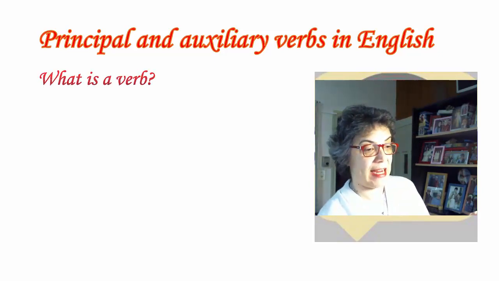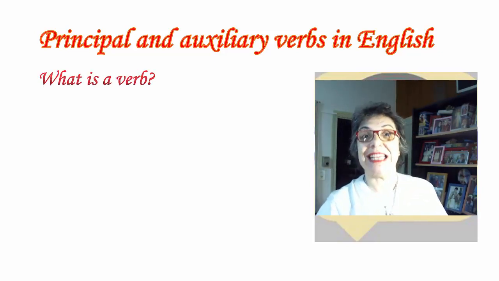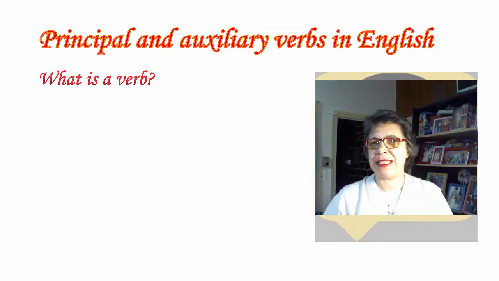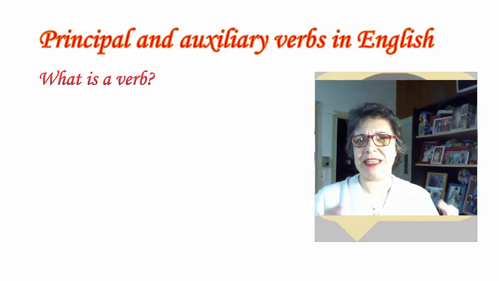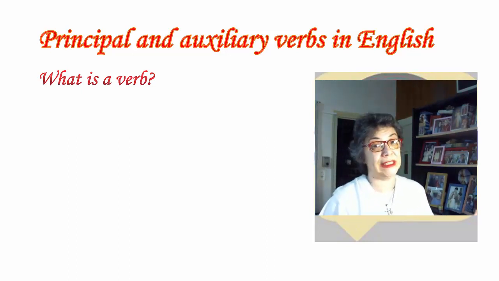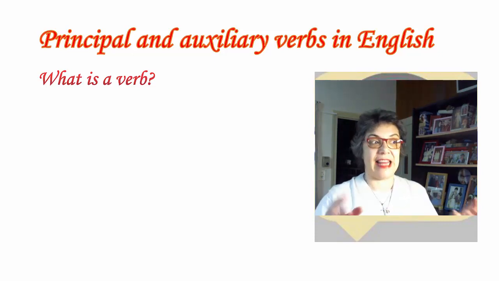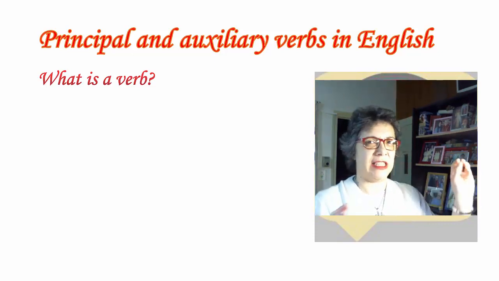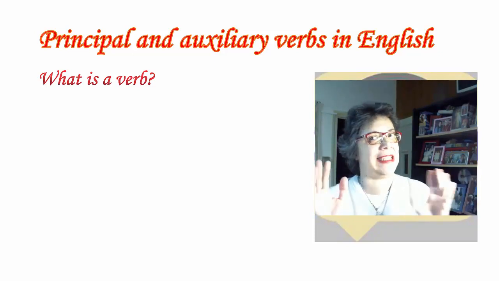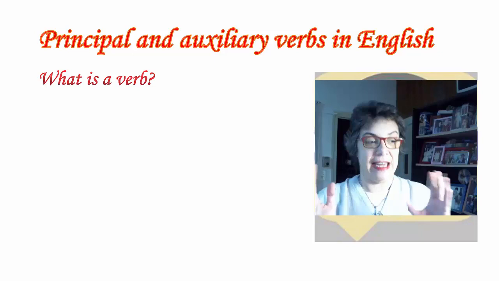What are they? First of all, what is a verb? A verb is the principal part of a sentence. Without a verb, we have no sentences. They say that in a sentence we have the subject and the predicate. Well, the principal element in the predicate is the verb.